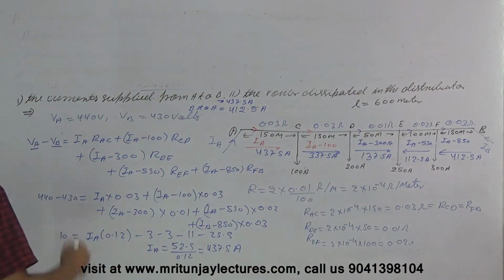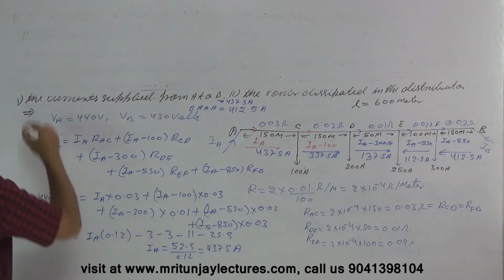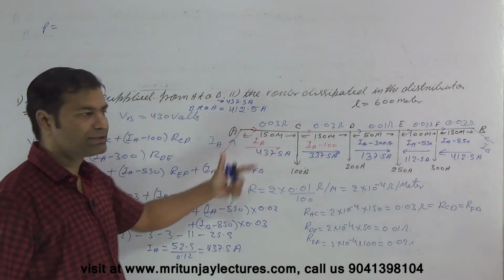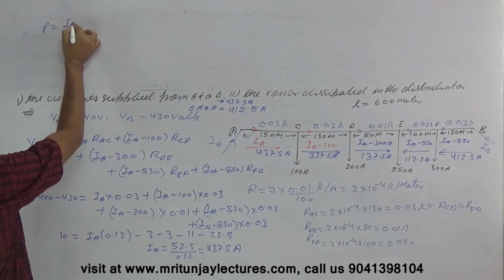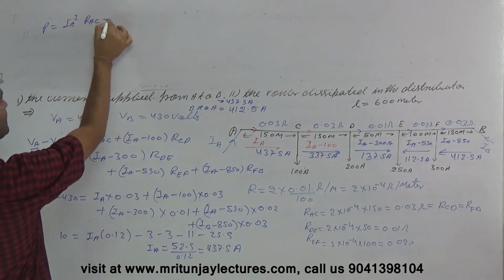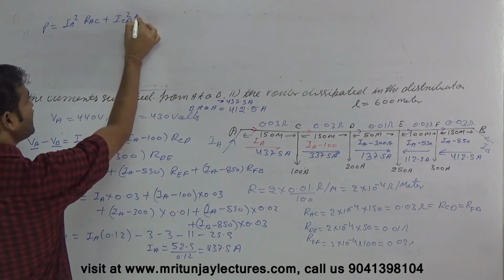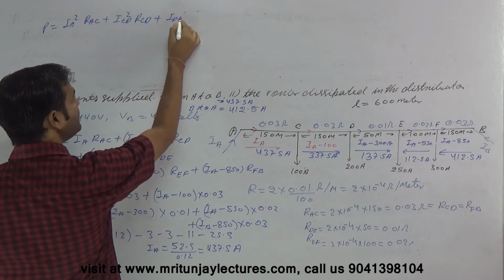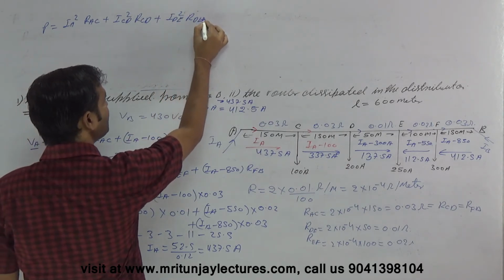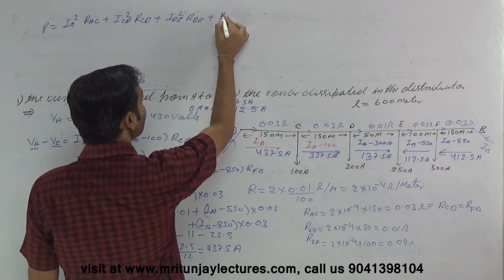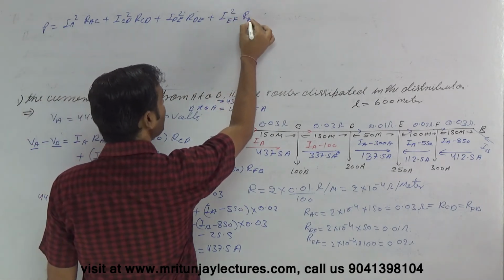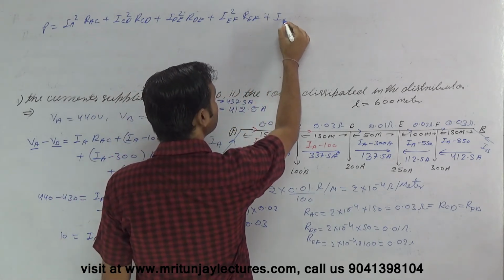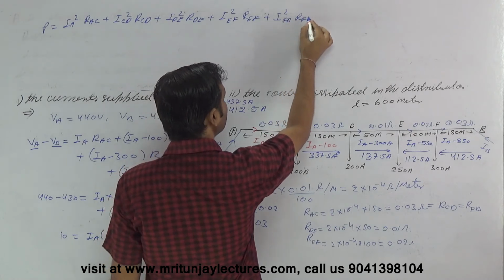Power dissipated in the distributor, P, is equal to current squared into resistance: IA square into R of AC plus ICD square into R of CD plus IDE square into R of DE plus IEF square into R of EF and IFB square into R of FB.